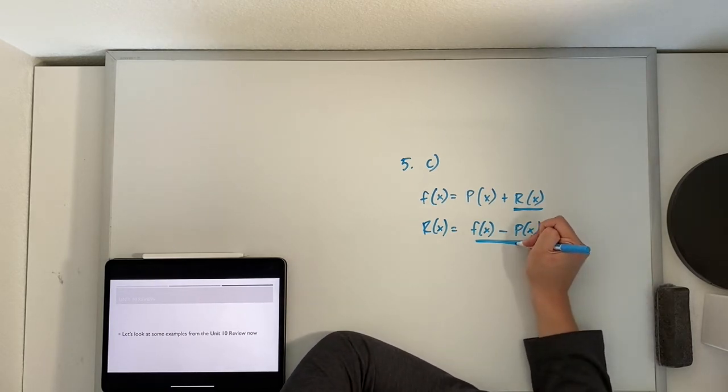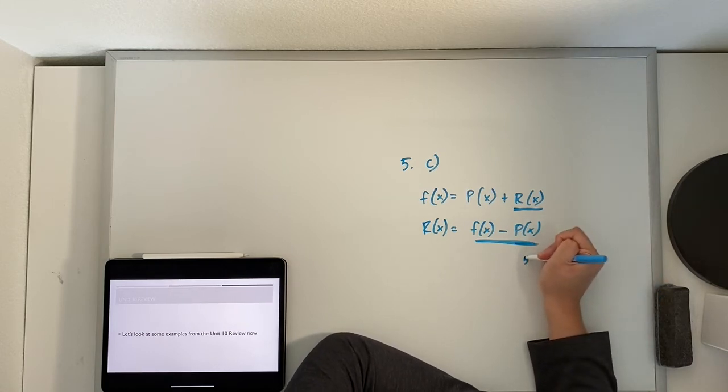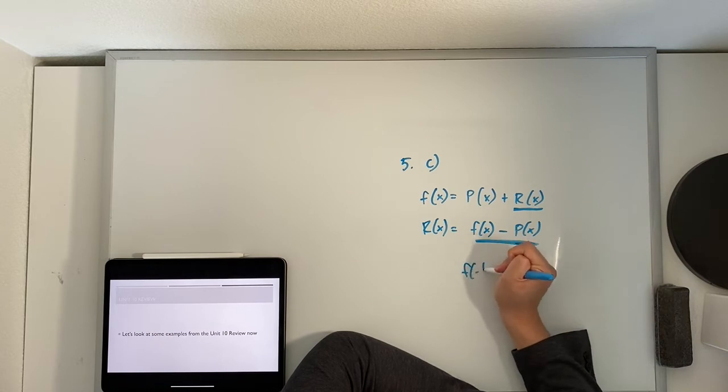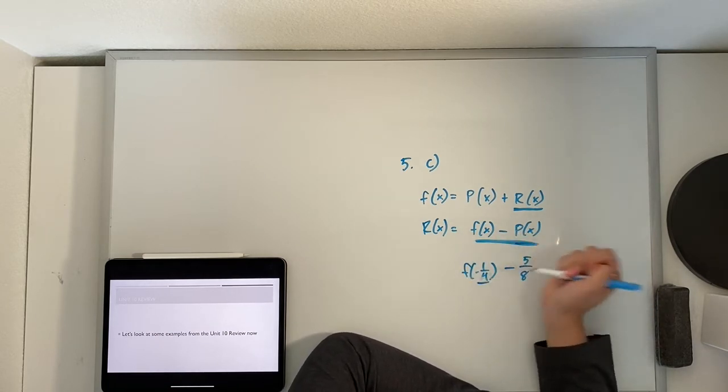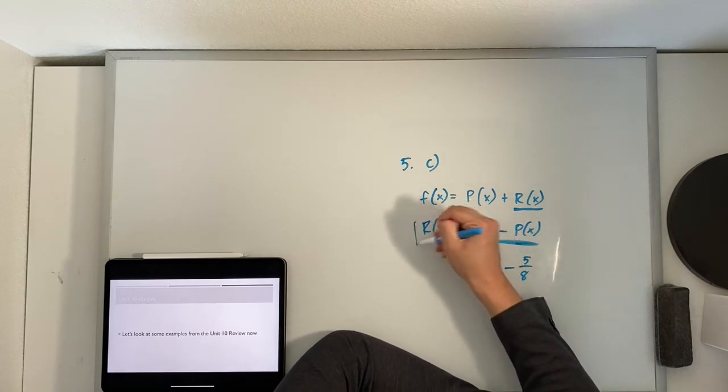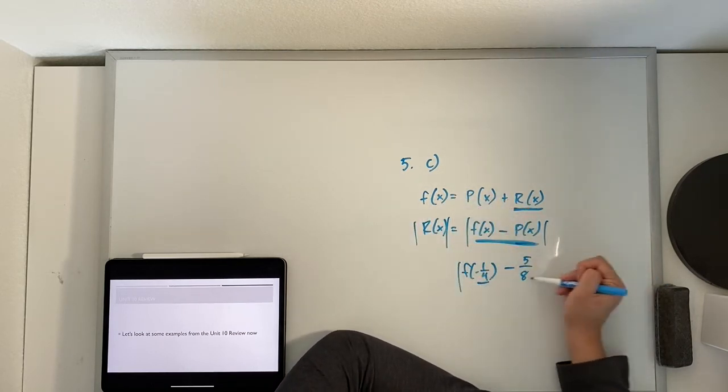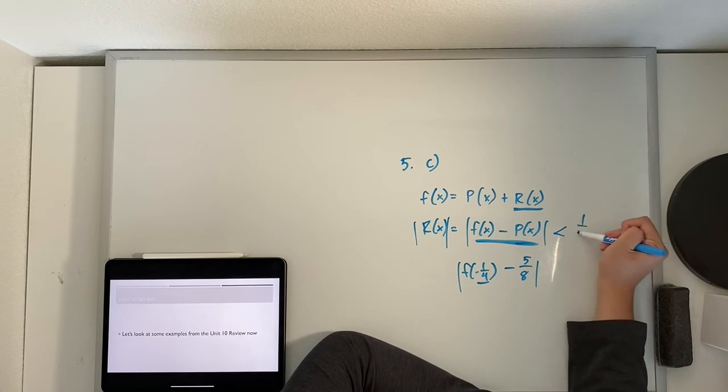Well, p of x here, we're told, is 5 over 8. And f of negative 1/4, well, we know f of x, so we can plug in this to our function. And we're trying to show that the absolute value of this is less than 1/5.